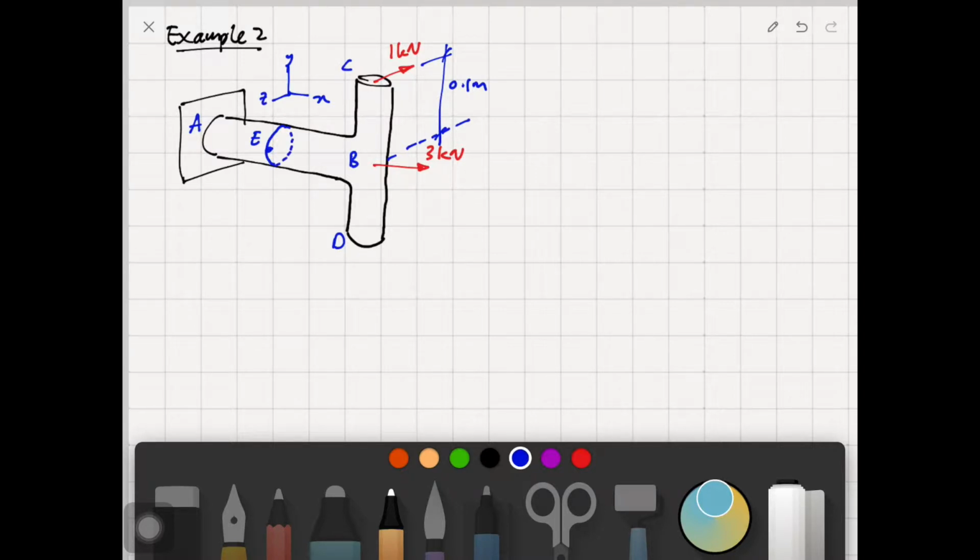As we all know, for combined loadings, usually they would like to ask at two locations, but for this example, just take point E, which lies exactly on the middle, or we can say it is on the natural axis of that rod.